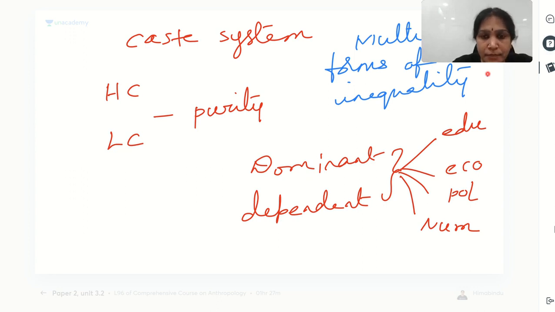So in the caste system there are multiple forms of inequality: inequality in economy, in political power, in education, in purity.